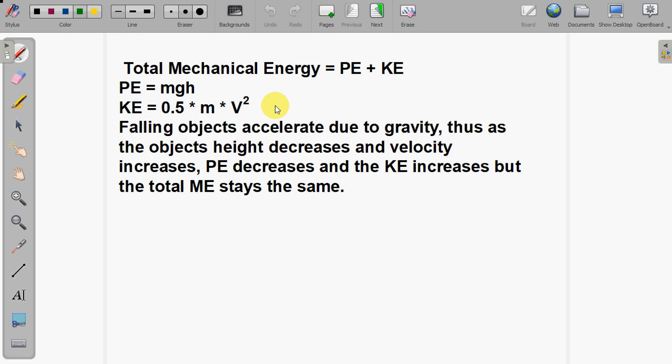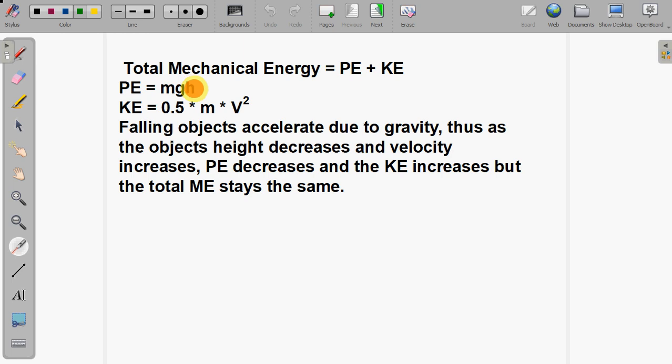If you throw a ball up, then as it's going up, it's gaining height, right? And if it's gaining height, that means it's going to have more potential energy. As it falls back down, it's losing height, and so it's losing potential energy.